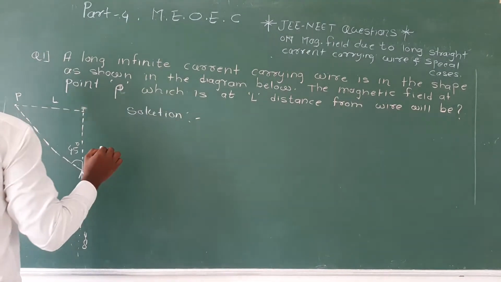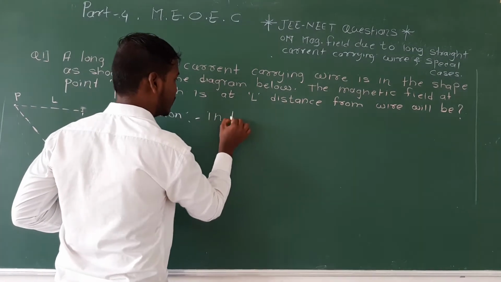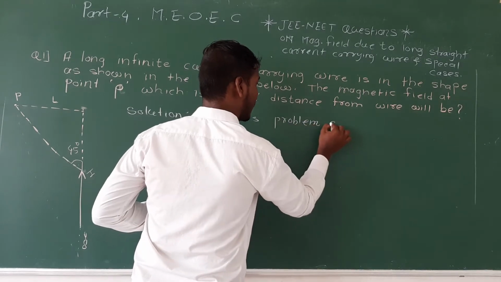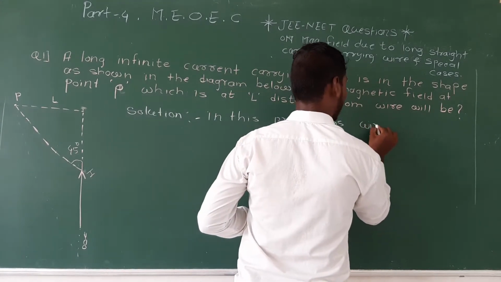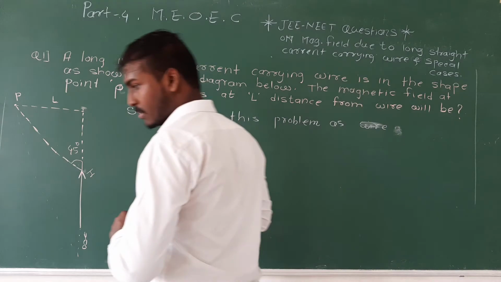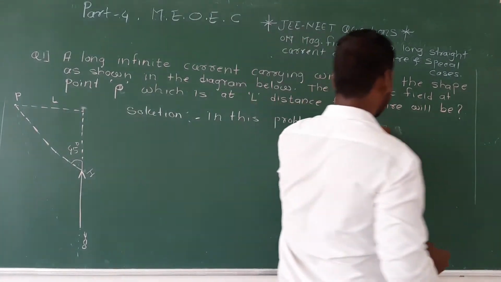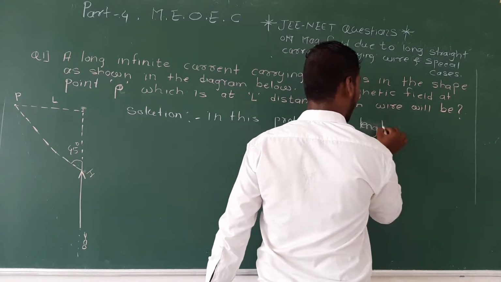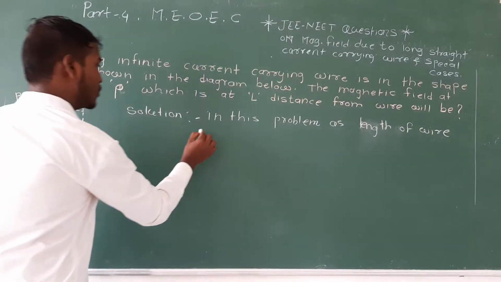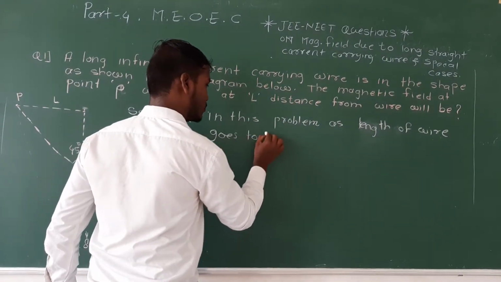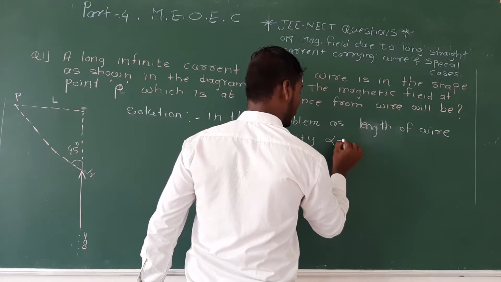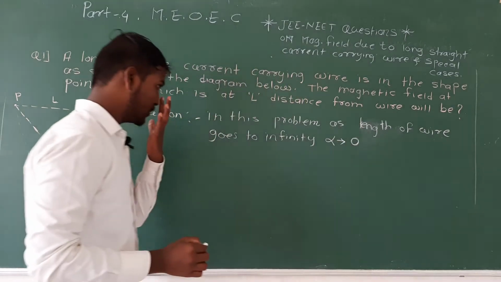See carefully, in this problem, as the length of the wire goes to infinity, alpha tends to 0 degree, you know that. So we got the alpha.